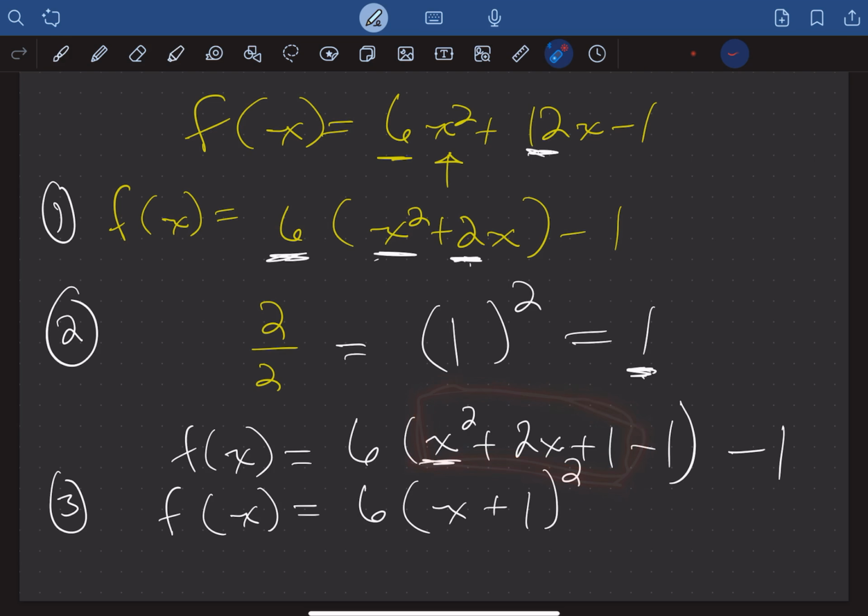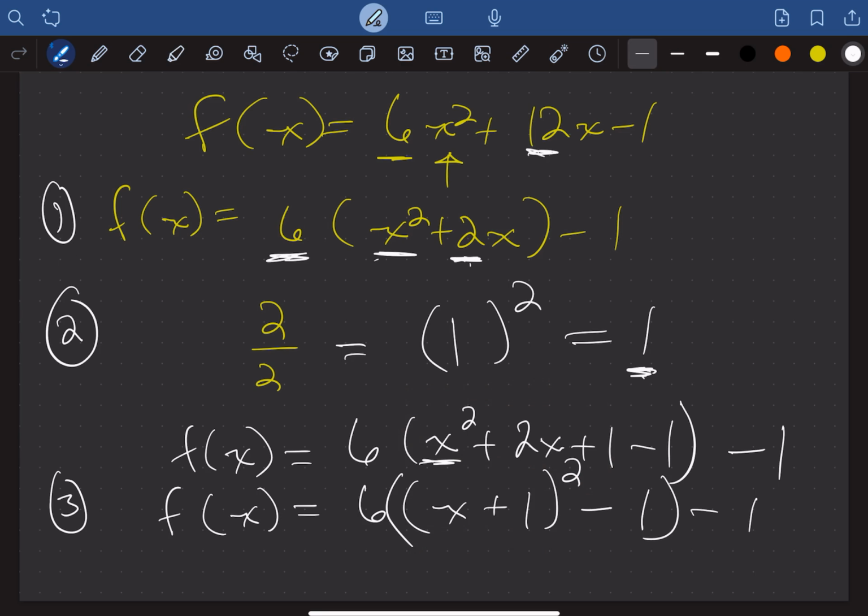Okay. What we're going to do with this minus 1, you'll see in a second, to that perfect square that we were trying to get to in the vertex form. And then we also still have the minus 1, right? Because this value, x squared plus 2x plus 1, that is the perfect square here. But we still have this minus 1, and then we have another minus 1 outside the bracket.